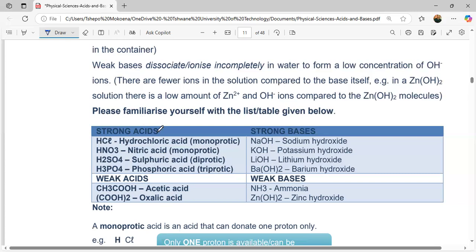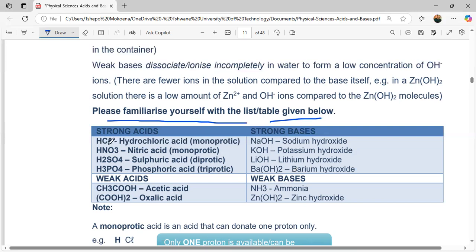So we have the strong acids. Here are the names of the ones you should know. Please familiarize yourself with this list or table given below, because they're not going to tell you which one is a strong acid, which is a weak acid, which is a strong base, or which is a weak base. You should know them by yourselves.